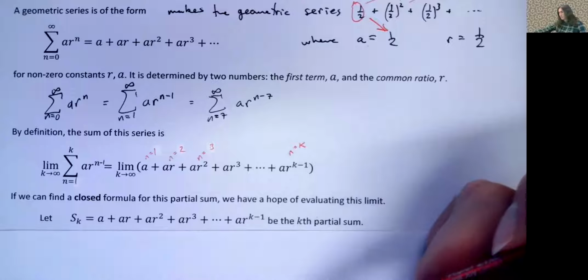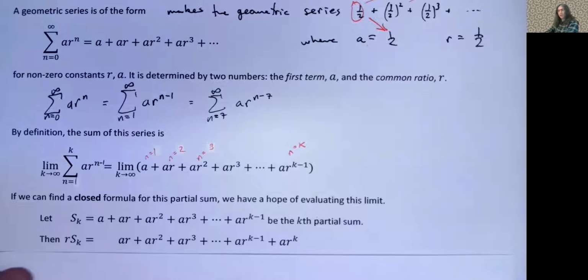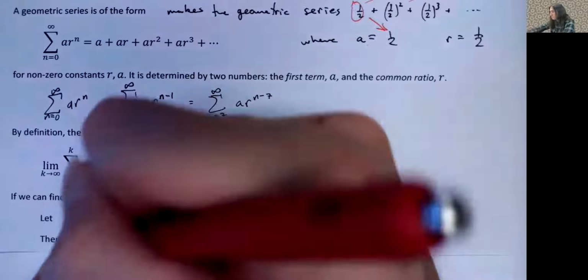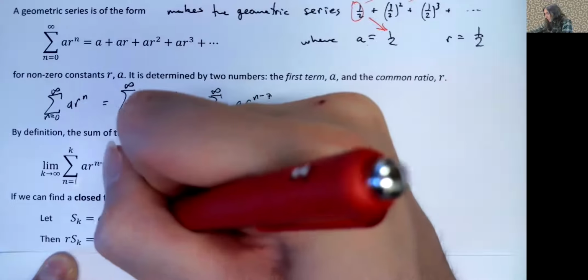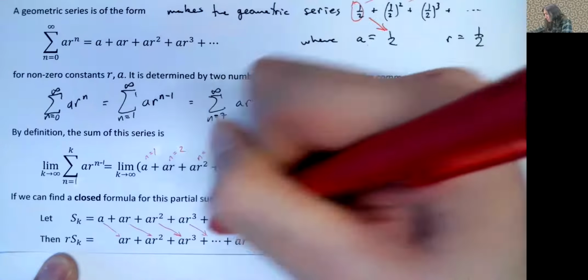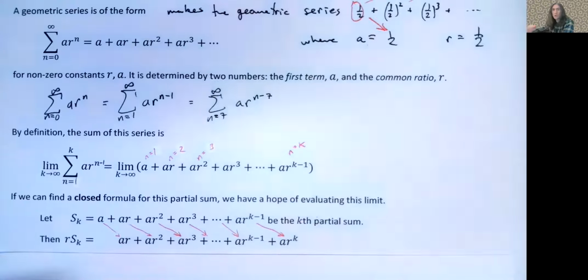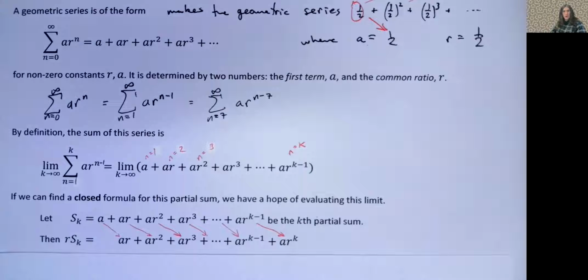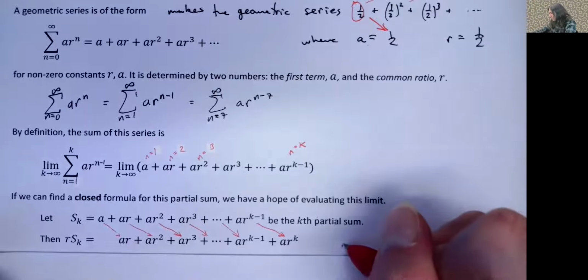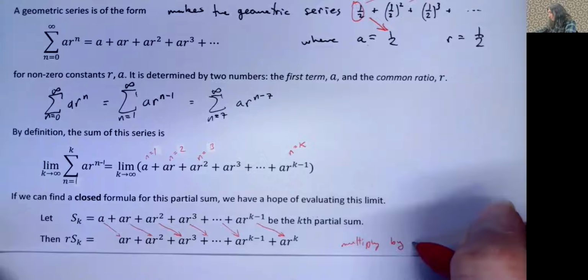Let's take this guy. Notice that if I multiply it by r, there's r in front, this term gets multiplied by r, this term gets multiplied by r, everything gets multiplied by r, and sort of moves up by 1 in its power. So we'll multiply by r here.